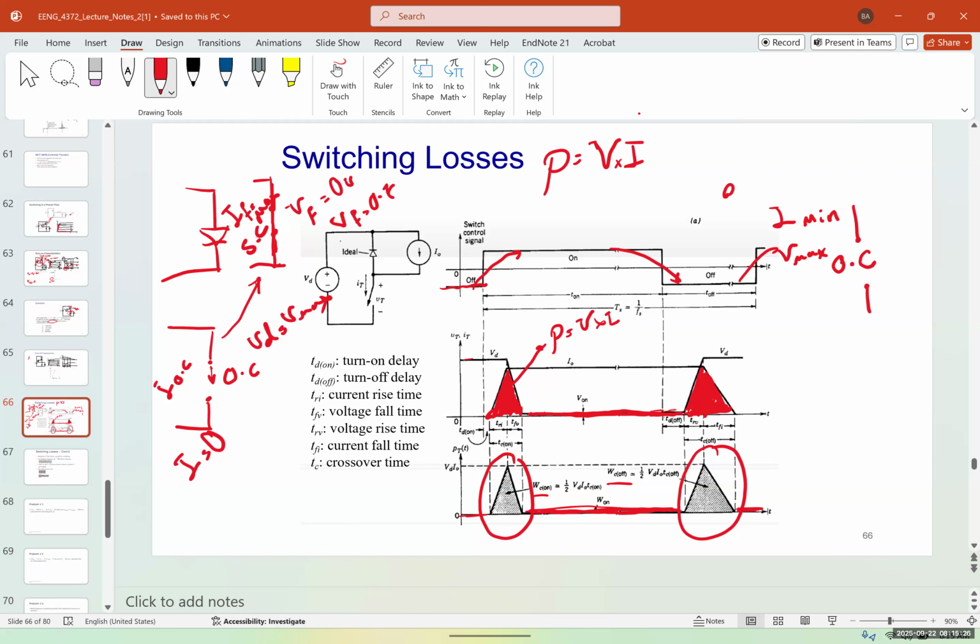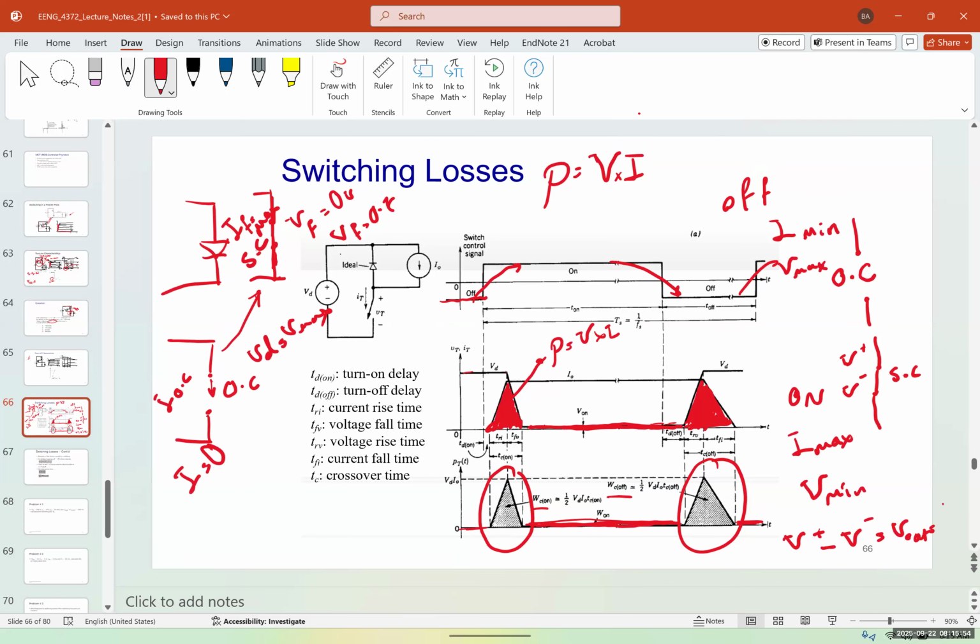And when we are on, it looks like a short circuit if it's an ideal switch, meaning the current is maximum and the voltage is at its minimum. Why? Because V positive minus V negative gives us V output, and here it's almost equal to 0 if we have an ideal switch.